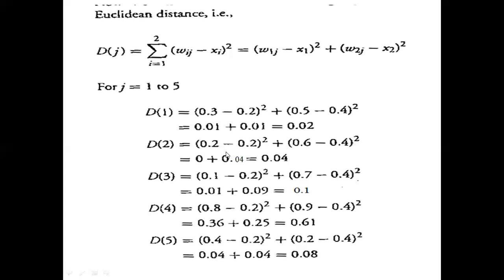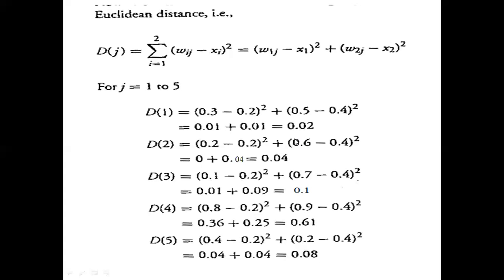The value of w13 is 0.1 and the value of w23 is 0.7. And the result will become 0.2. And for d4, this will be w14 and w24. The value of w14 is 0.8 and the value of w24 is 0.9. These are fixed: x1 is 0.2 and x2 is 0.4. So the result will become 0.61.